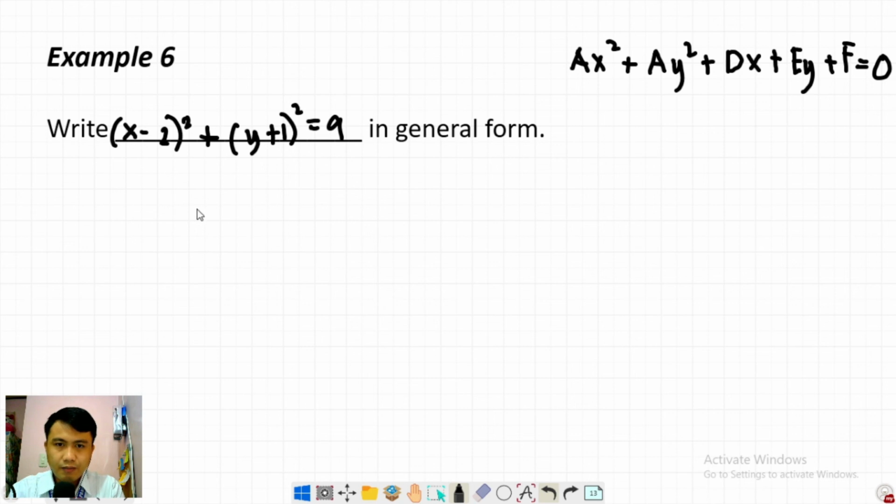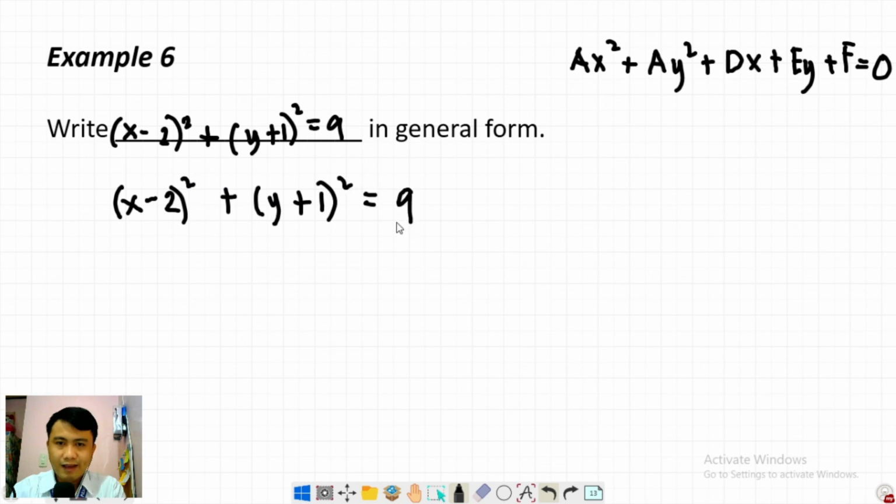Okay? So, ang gagawin natin, kopyahin natin (x - 2)² + (y + 1)² = 9. Ang gagawin lang natin, expand natin ito. Paano natin expand itong (x - 2)²? Of course, ang ibig sabihin kasi ng (x - 2)², i-multiply lang natin yung x - 2 dalawang beses.